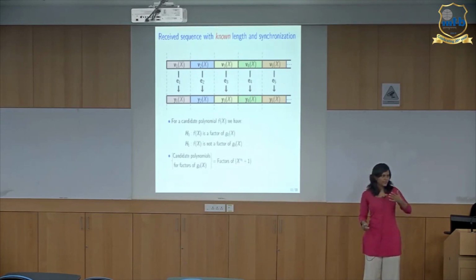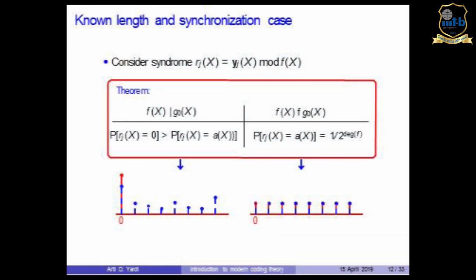To take this decision, we consider the syndromes, or the remainders of the received polynomials, with respect to the given candidate factor f of x. Here rj of x is the remainder which we obtain after dividing yj of x by f of x.